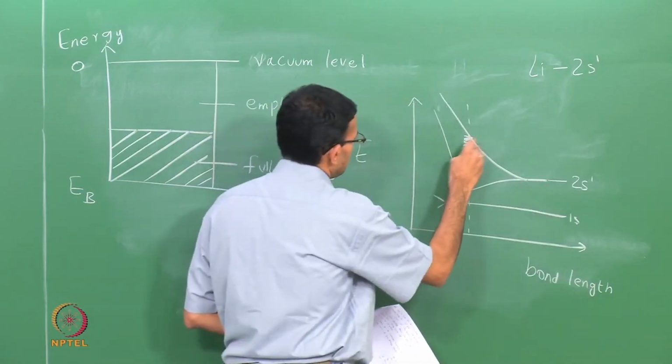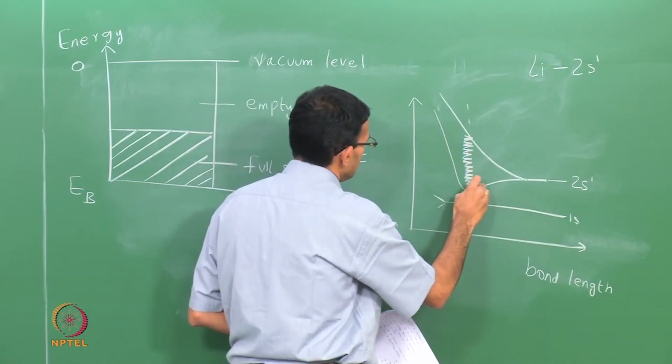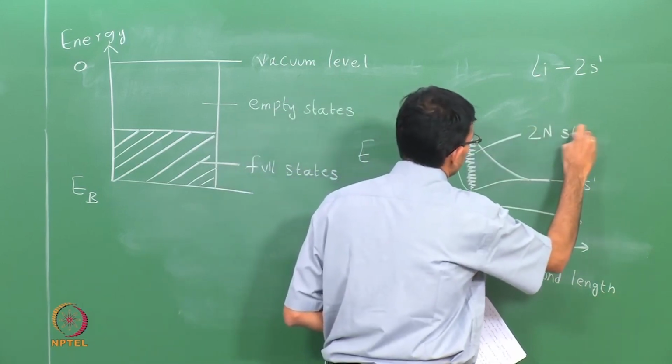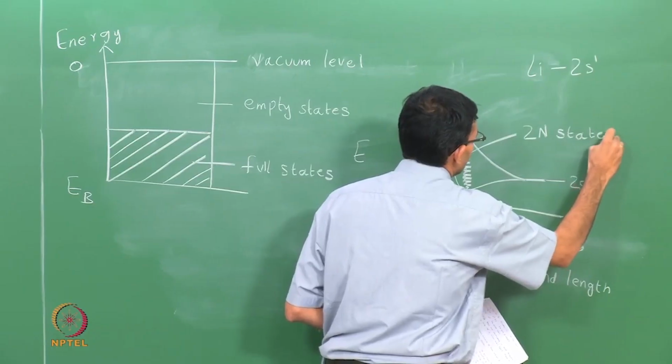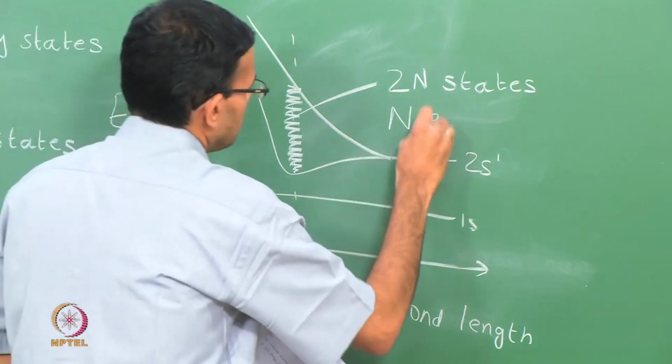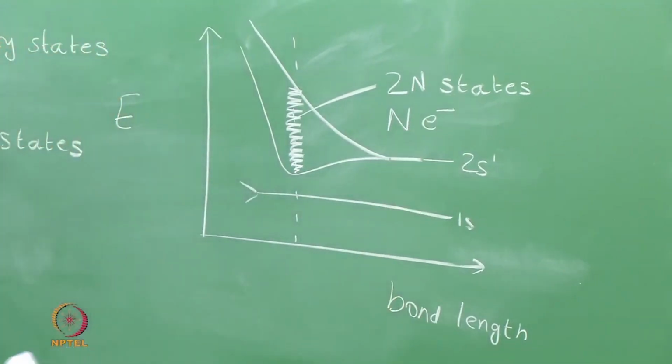So, this is the energy band here, and there are a total of 2n states, but each lithium atom will only contribute 1 electron. So, you have only n electrons. So, hence only half of this band is full.